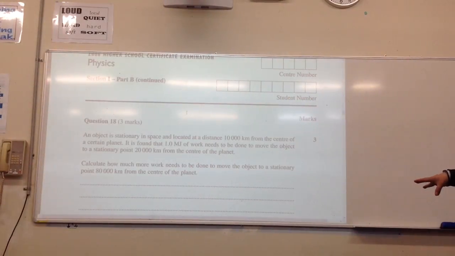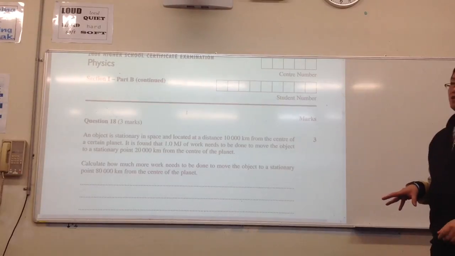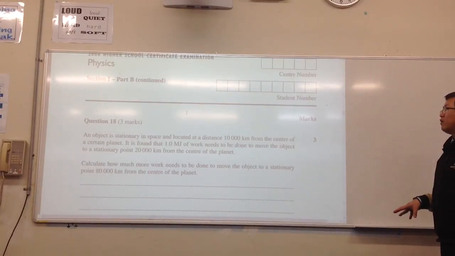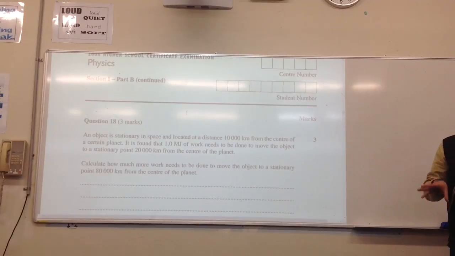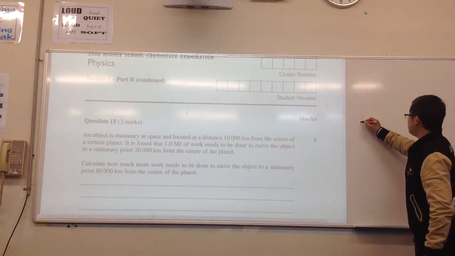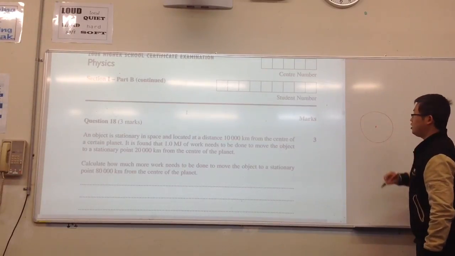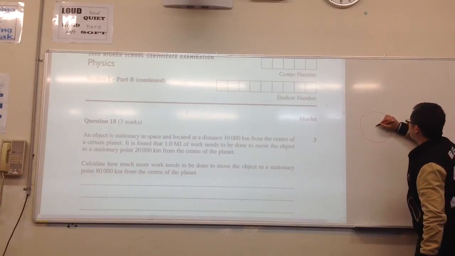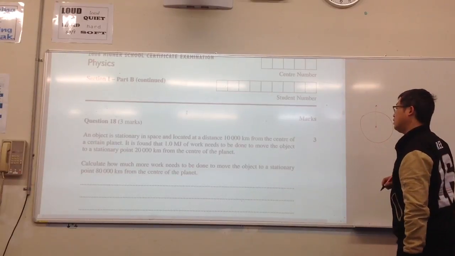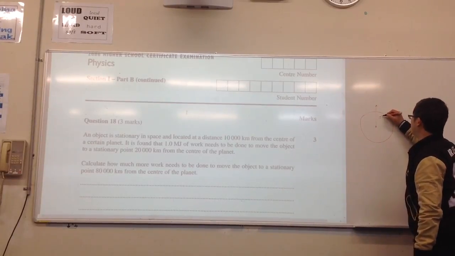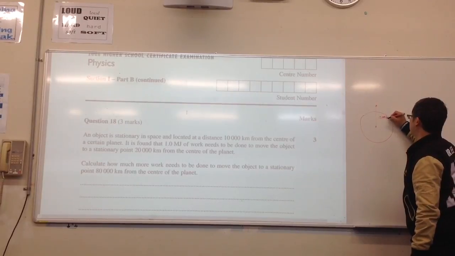This is HSC 2006, I believe, in section number 1. When you think about the situation, the first thing I would do is try to draw it first. Planet, object, and the first position is 10,000 km.